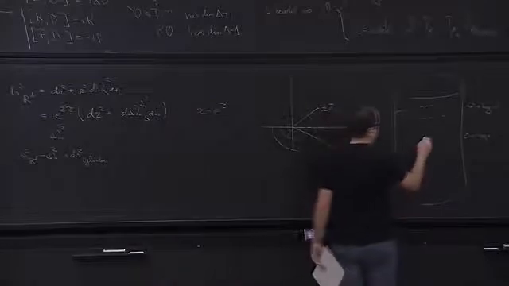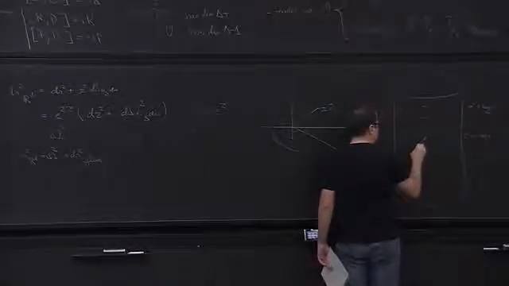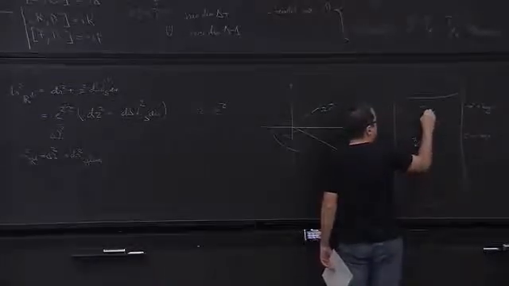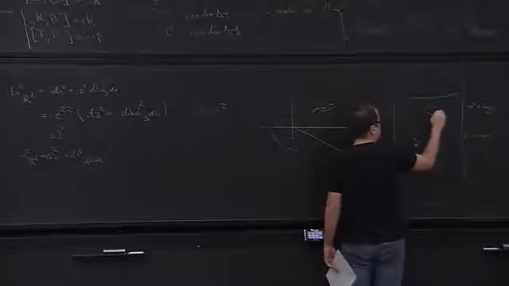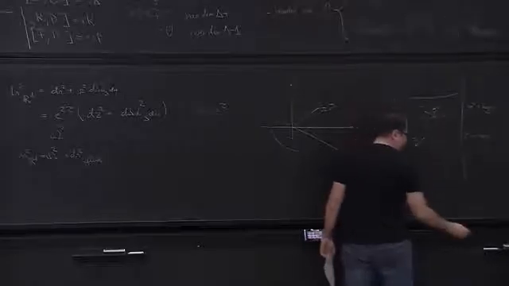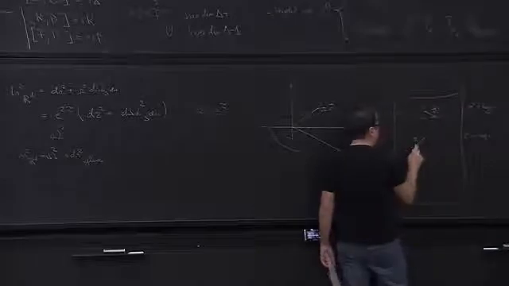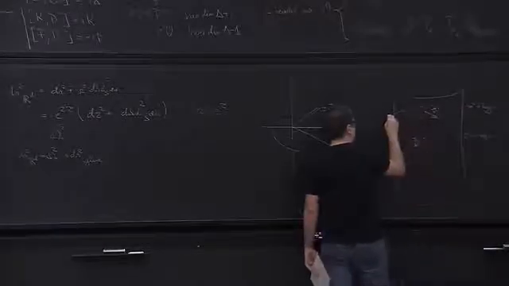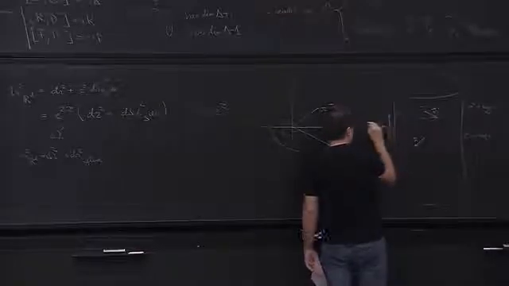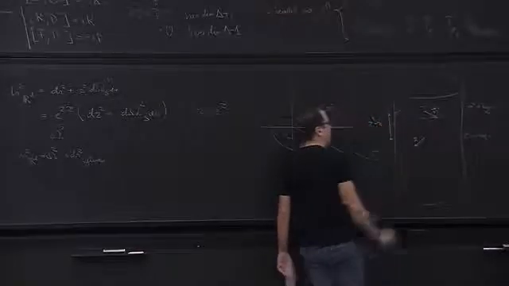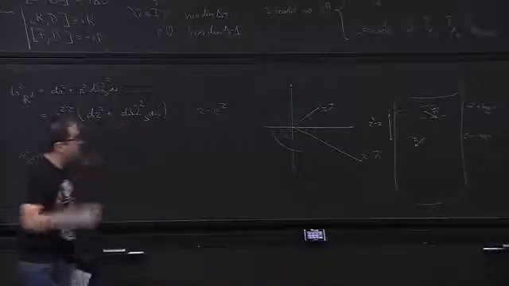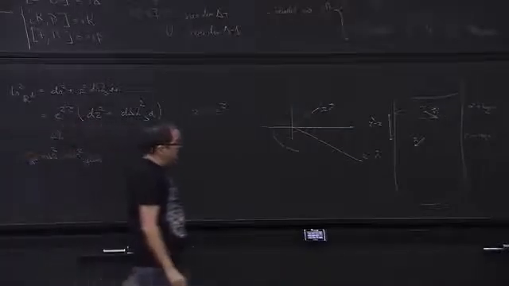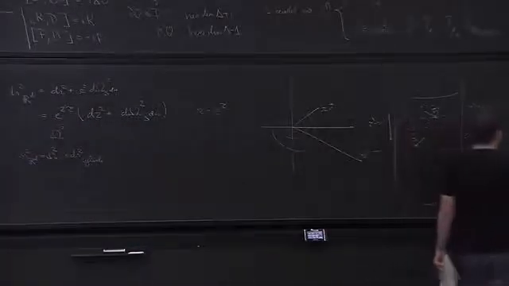And then here there is some unit vector n, and here there is some other vector n prime. Okay? And we are studying the correlation function between a point here and the point here, separated by a distance which is tau prime minus tau.